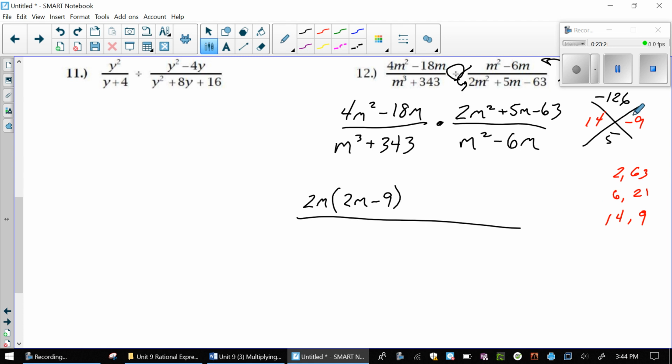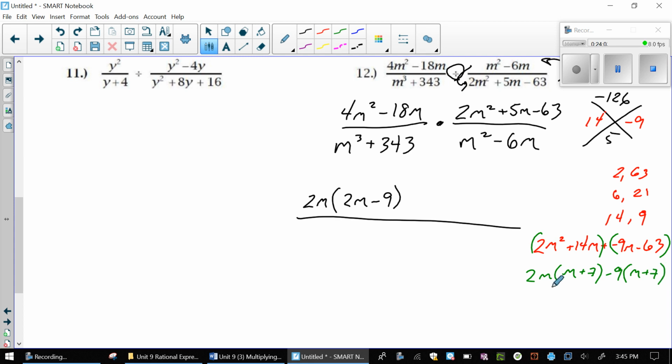All right, now again, I got to do a little more work here, so this is where we factor by grouping. I'm going to keep working down here on the side. 2m squared, bring my 14m plus negative 9m minus 63, and then I'm going to group my first 2, group my second 2, and factor out our common terms, 2m, and what's left is going to be m plus 7, negative 9, and m plus 7.